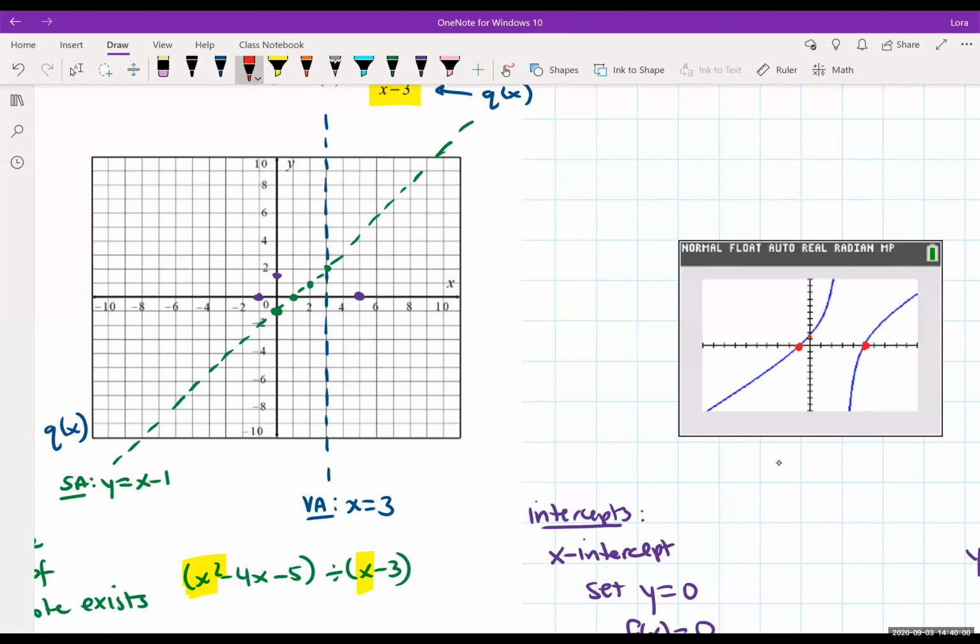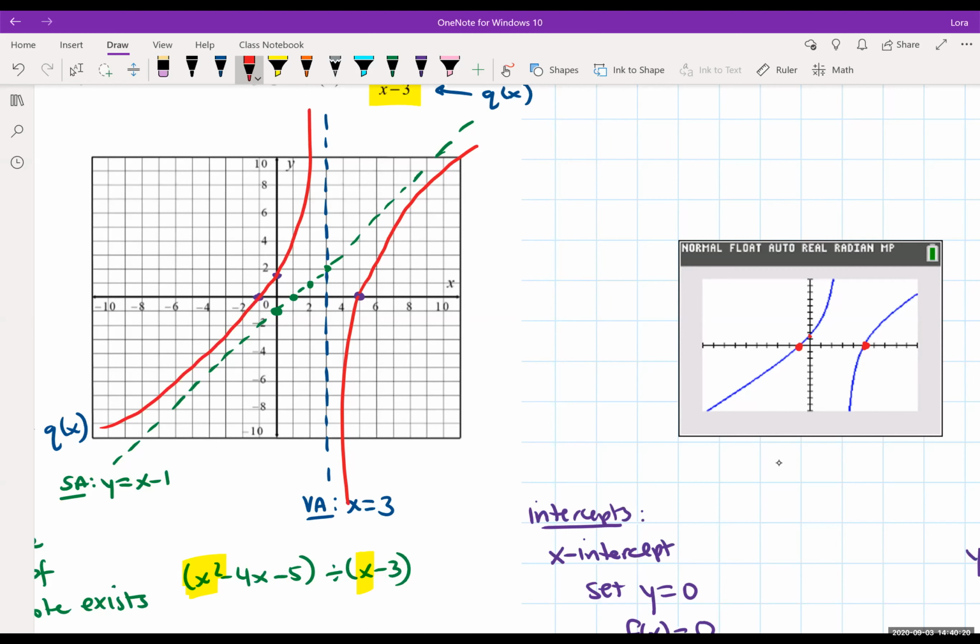And you can kind of now tell that the curve is going to hug the asymptotes. So just make sure you go through your points. And I kind of did that a little bit too often. I need to kind of hug my asymptote a little bit more. There we go.